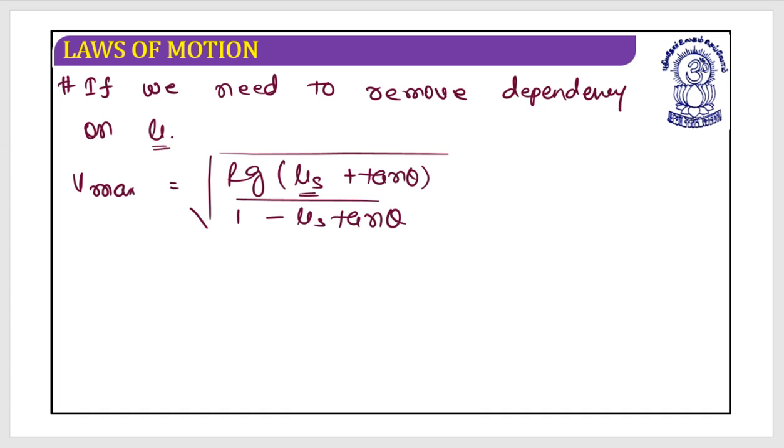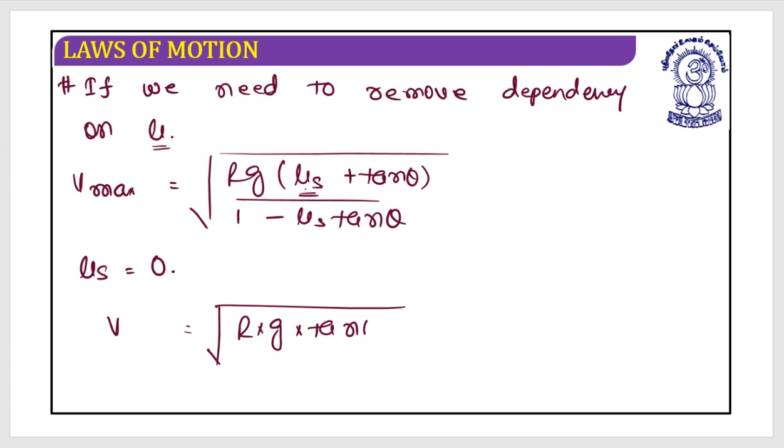Let's have a look. So if I put mu s is equals to 0, then the velocity could be written as, that is, r into g, this mu s is 0, so multiplied by tan theta upon 1 minus 0. It's a 1, sorry.